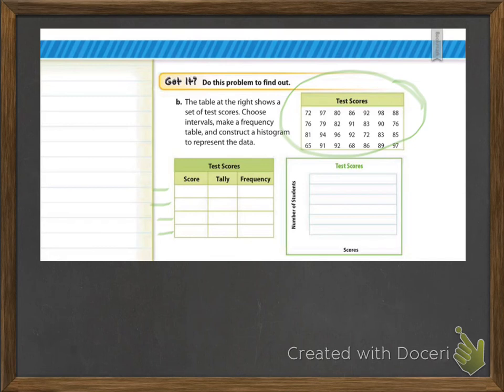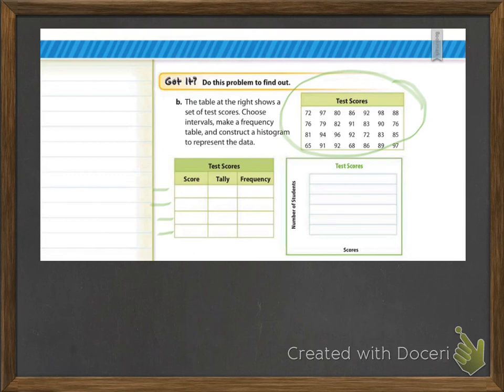Okay, so I looked to find what my smallest value was for test scores, and it happened to be a 65, and my highest was a 98, I believe. Okay, so I figured since they gave me 4 intervals, I figured 60 to about 100, that would be increments of 10.